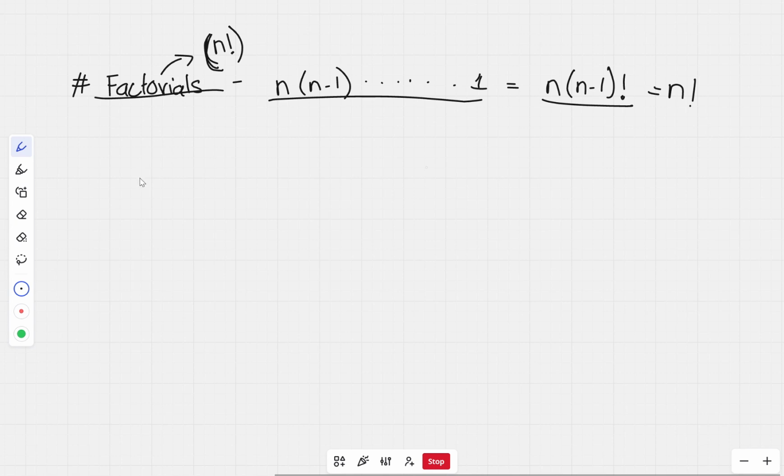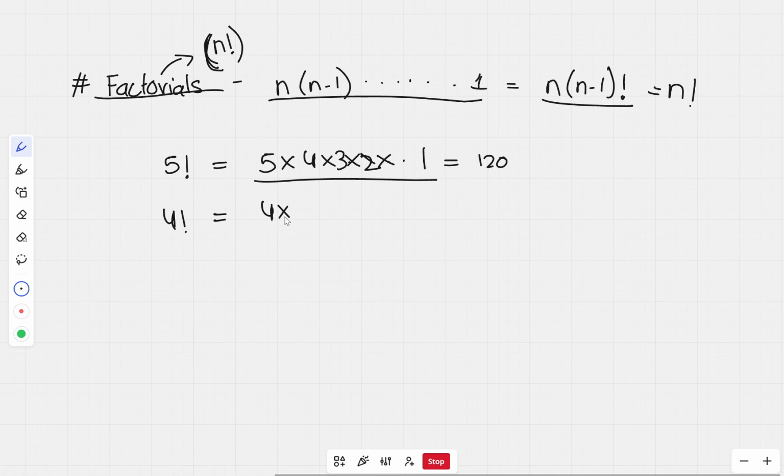Now let's take an example. If we talk about 5 factorial, what is 5 factorial? Basically 5 factorial is 5 multiplied by 4, and by n minus 1 until it reaches 1. So this would be by 3, by 2 and then 1. Solving this we get 120. Same goes for 4 factorial, which is 4 into 3 into 2 into 1, which would be 24.